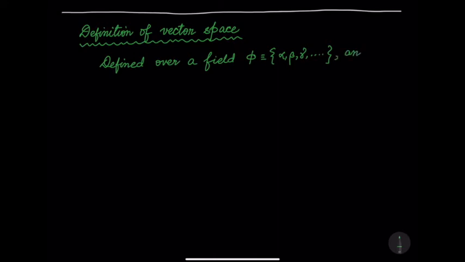And quantities, these are the vectors. So this I call V, and I can denote them as usual vectors, but this is true for any vector space, etc. And two operations.